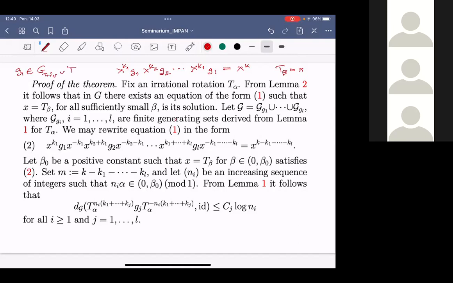And we know that there exists some generating set such that the distance between T_alpha to the power n, g_l, T_alpha to the power minus n and the identity is less than some C log n, and it holds for all g_1, g_2 up to g_L.